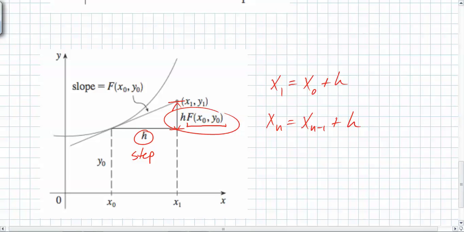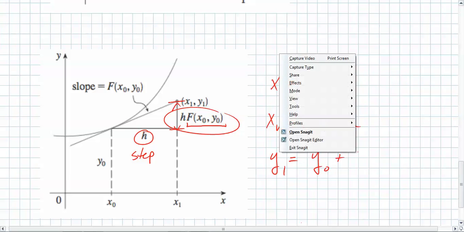So given that diagram, we know that y1 is equal to y naught plus what? How far have we gone up?